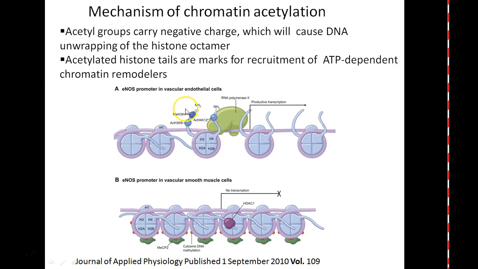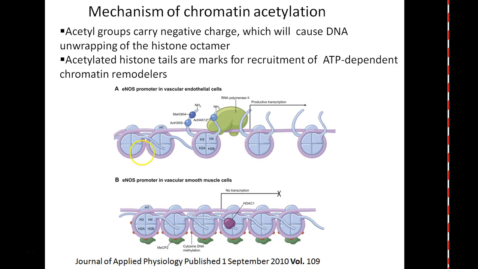One of the first events that can happen here is the recruitment of histone acetyltransferases, HATs. They come to this region, bind to the octamers, and put acetyl groups. Acetyl groups carry negative charge, and they can interact with the negatively charged DNA, and this will cause a repulsion.